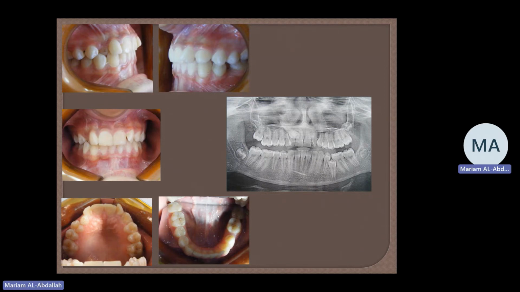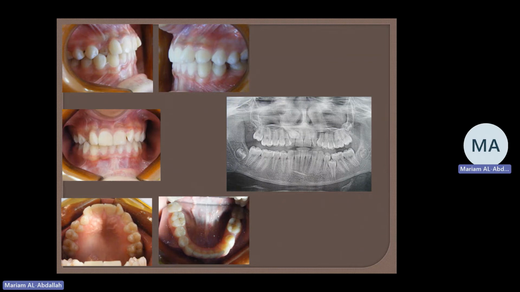Extraction of both C's if there were no crowding, and review the patient every 6 months. If there were crowding, provide space and put a space maintainer, or to be more specific, not a space maintainer, NANS in specific, okay? A NANS appliance. It looks like a TPA but with an acrylic button behind the vertical part of the palate behind the upper central incisors.